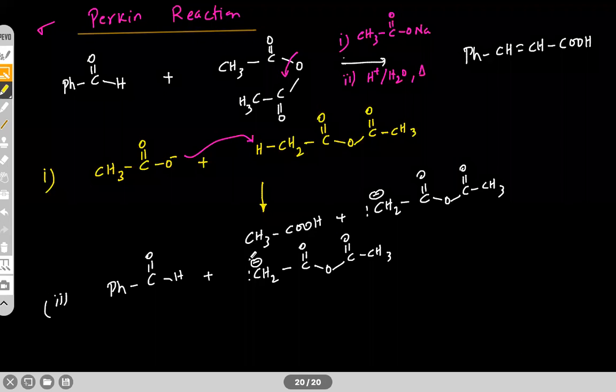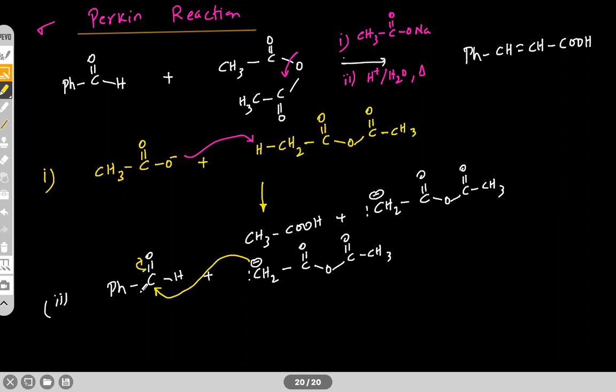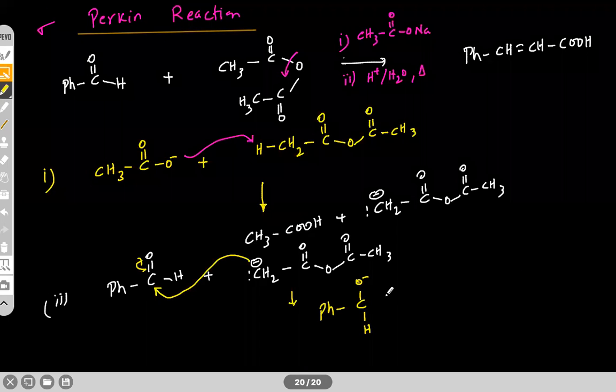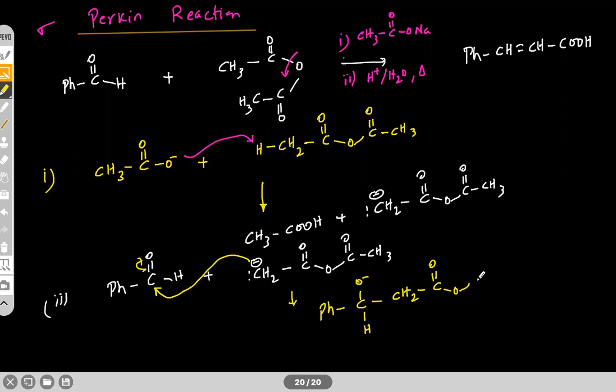This attacks on this carbon, pi electron goes up, okay, and it converts into PhCO minus H, CH2 C double bond O, O C double bond O, CH3. Is it clear?